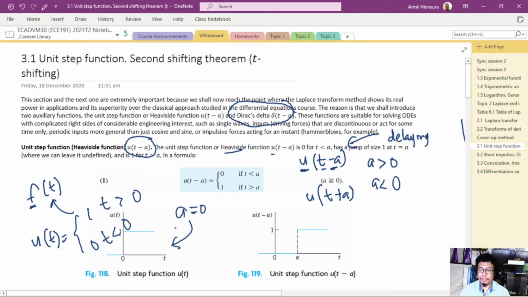So here, what happens is that at time 0, your signal switches from 0 to 1, or your signal changes its value from 0 to 1. Here's what it implies in practice. Let's say you have a system and you want to measure the response or the output of the system.